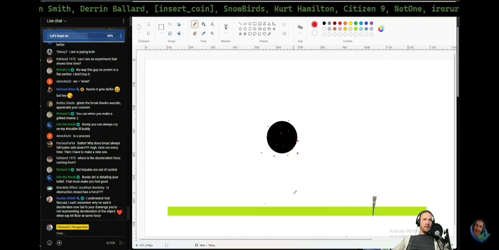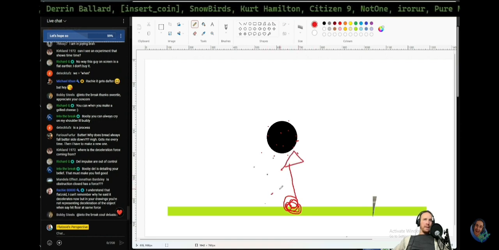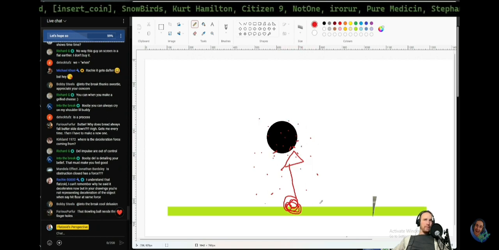I picked the bowling ball up from its static equilibrium through a medium that cannot support it. Do you understand? So the impulse here is different. The bowling ball has a different impulse to the air than what the air has to the bowling ball.